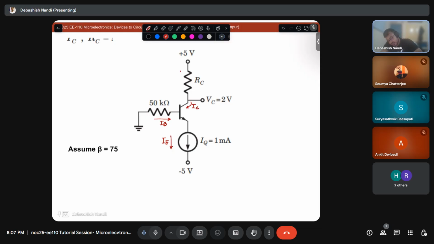So what is this current? What is this current flowing through RC? Anyone?